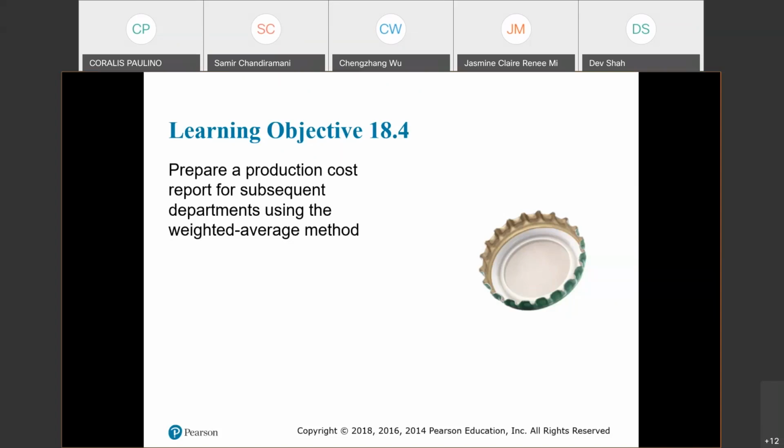The biggest difference between process costing and job order costing is how and when the costs are recorded in WIP inventory.